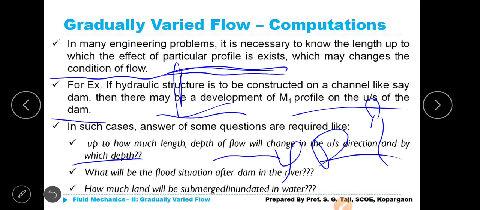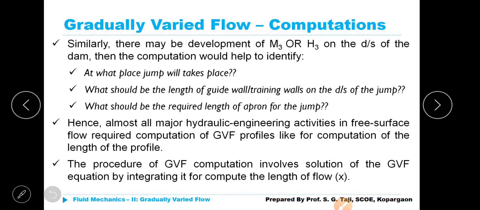I have already narrated this just in the previous PPT at the beginning. Similarly, there may be development of M3 or H3 on the downstream side of the dam. Then the computation would help to identify at what profile the jump will take place, and what should be the length of guide walls or training walls on the downstream side of the jump.